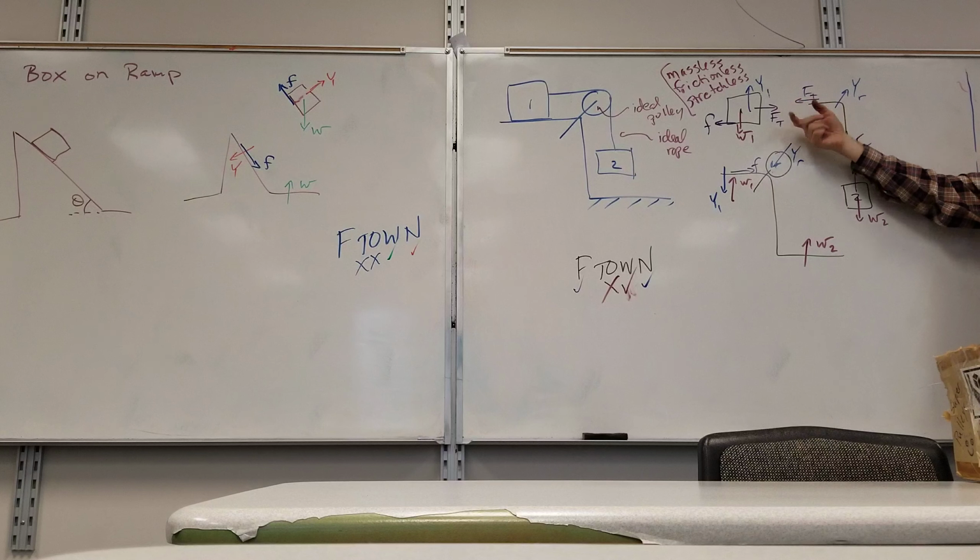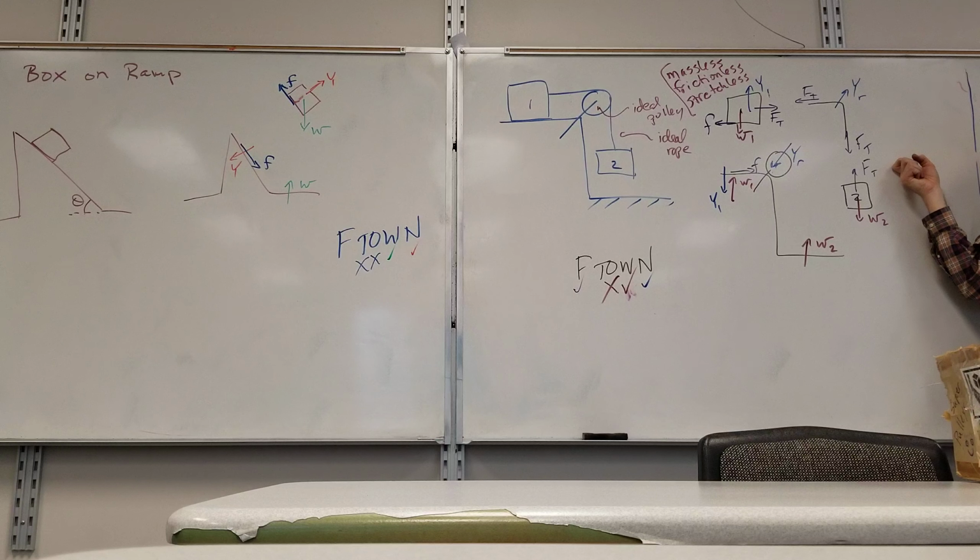Because it's an ideal rope, the magnitude of this force and this force are the same. If it's not an ideal rope, they're not the same. If you want to put subscripts in, and this is optional for the ideal rope, these have to have the same subscript, and these would have the same subscript. But for the same rope, you don't need to put subscripts in.